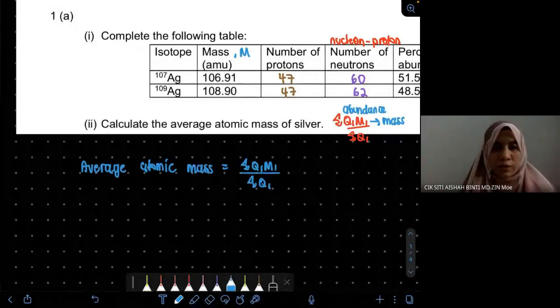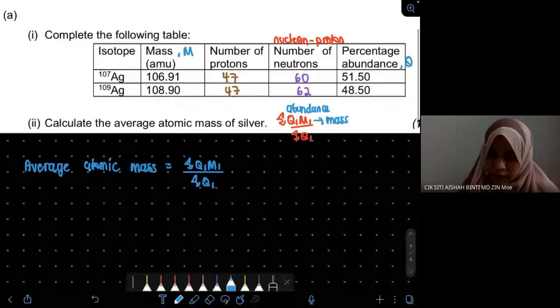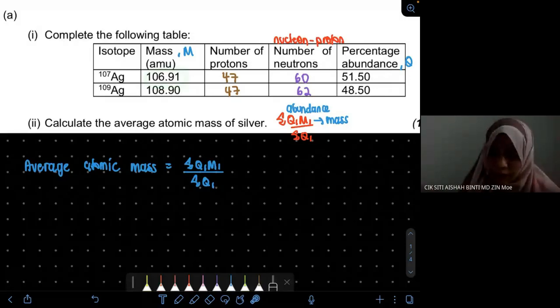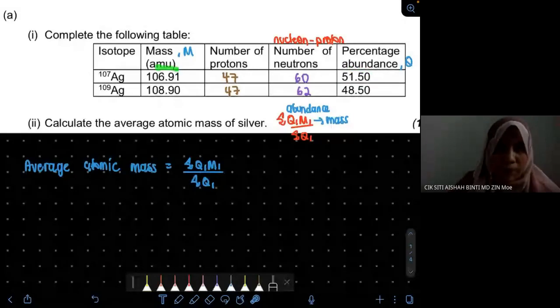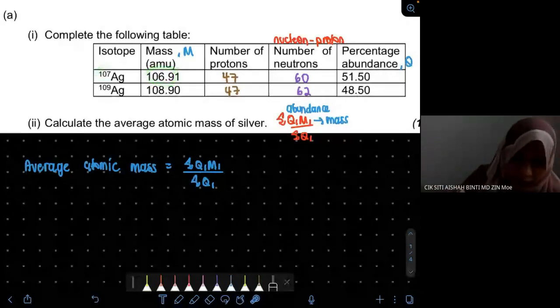The first Q is 51.5 and the first mass is 106.91. For M, it's up to you whether you write the mass given here or the nucleon number, because mass and nucleon number are the same thing.